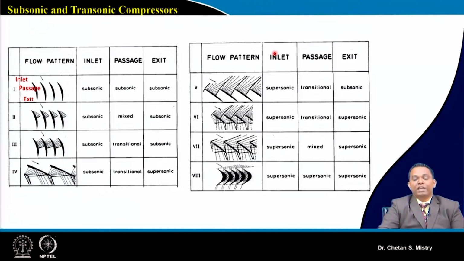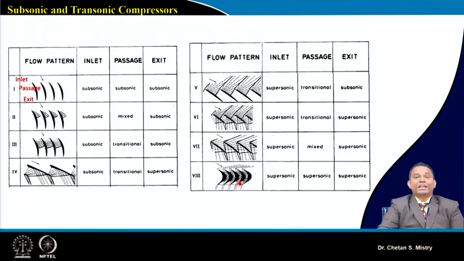Here the entry is supersonic, within the passage the flow is transitional, from supersonic to subsonic, and the exit is subsonic. For the next configuration, the entry is supersonic, the passage flow is transitional, and the exit flow is supersonic. In the same way, for this kind of aerofoil the entry flow is supersonic, the passage is mixed, and the exit goes supersonic.